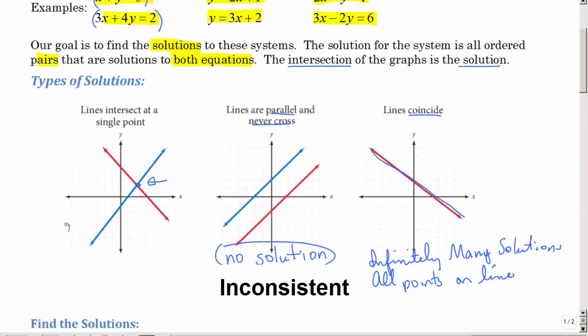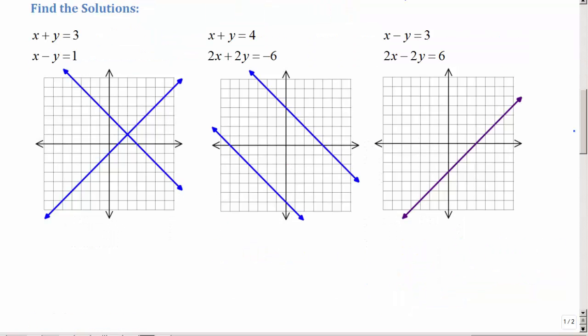That's a solution. And some books call this dependent. I think I'm going to go with all the points on the line because I think that more accurately describes our solution set.